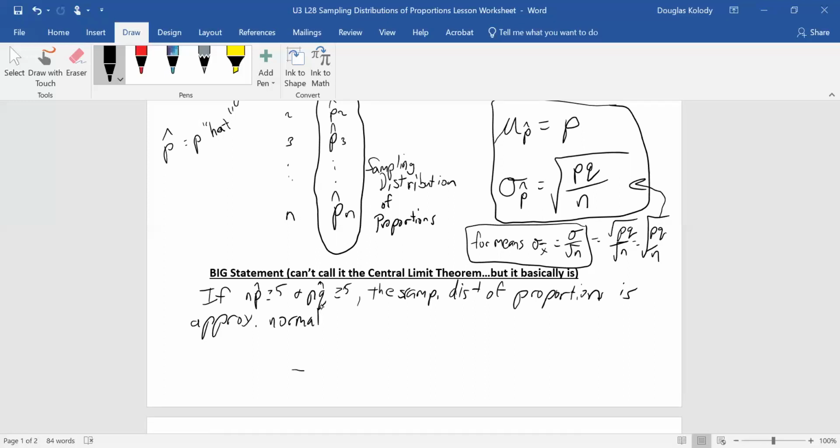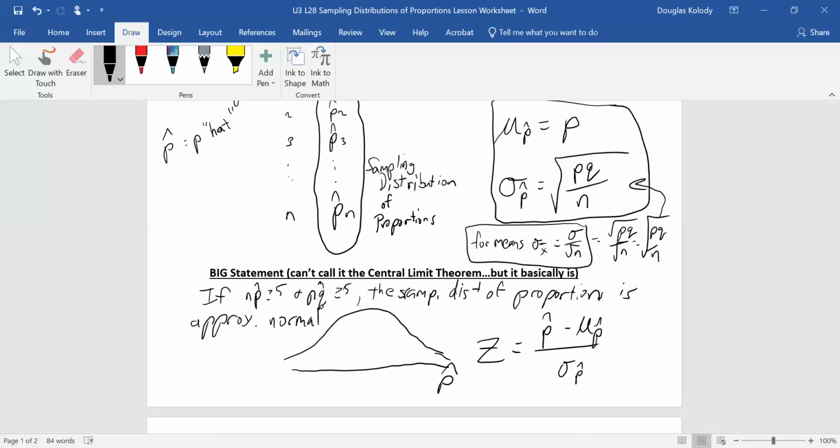Let me draw that normal distribution. The sampling distribution of proportions, so the collection of p hats, will be approximately normally distributed. And that means we could use z-scores, huzzah. The z-score will look just like this: p hat minus mu sub p hat divided by sigma sub p hat.